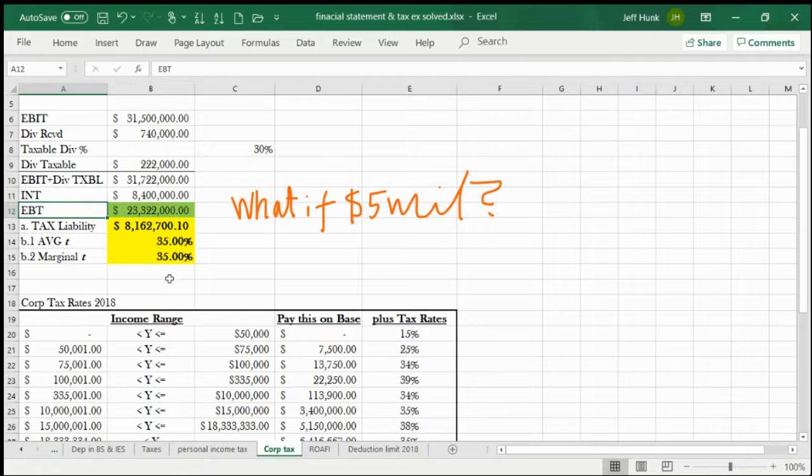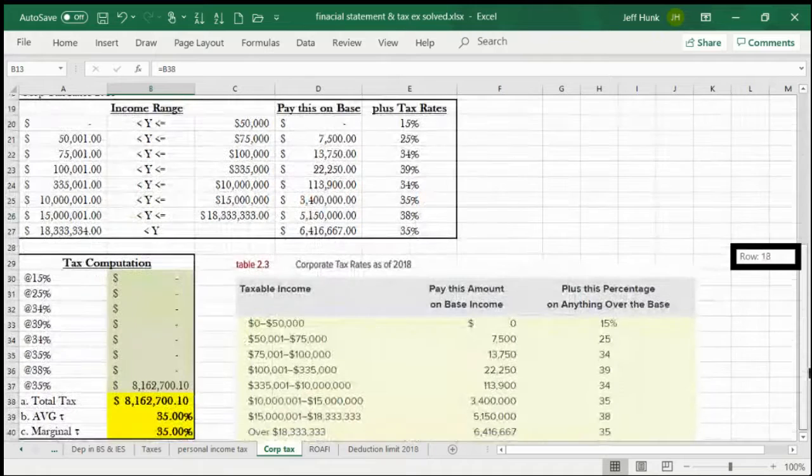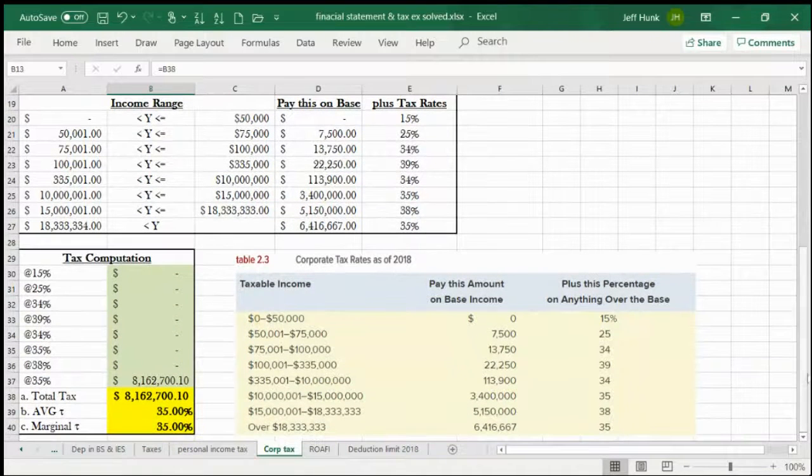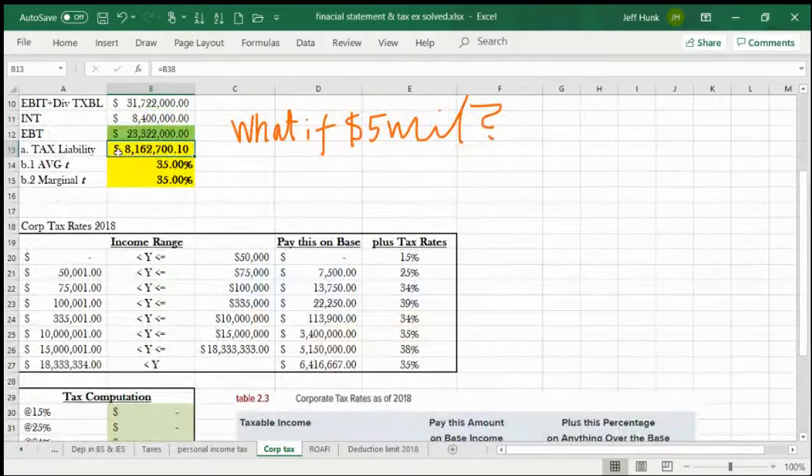Okay, and then I already filled in this, but the point is we are going to have to use a model or formula that can be reapplied over and over under any circumstances, not just for this. In our example, our taxable income is above 23 million, so just by looking up, you can find it's in this range.